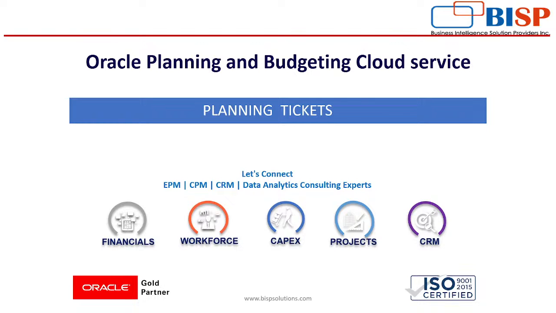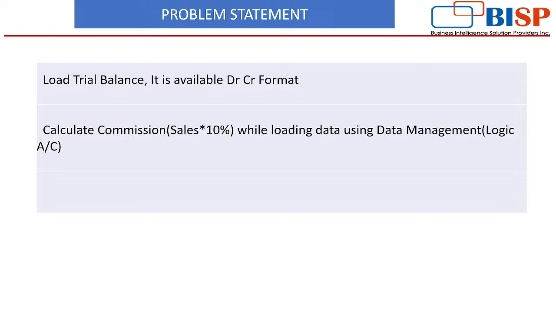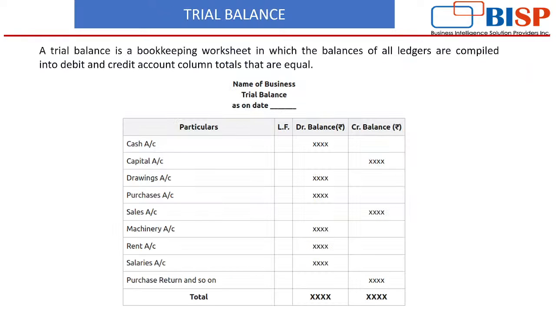In this series of planning tickets, today we're going to see the following data management tickets. The first one, we have to load trial balance, and it is available in debit credit format. Let me give you a brief on trial balance first, so that you understand the problem statement.